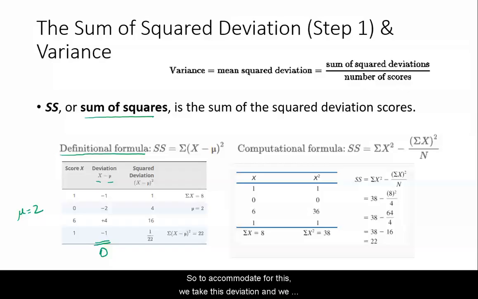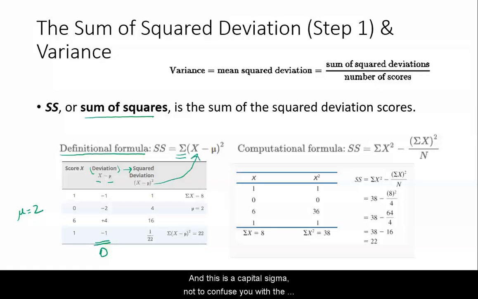So to accommodate for this, we take this deviation and we square it, which is where the term squared deviation comes from. And when we then add all those up, you see here, we have our sigma. Sigma means add them all up.